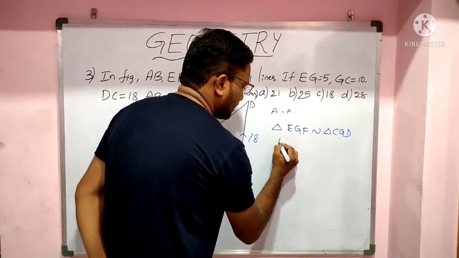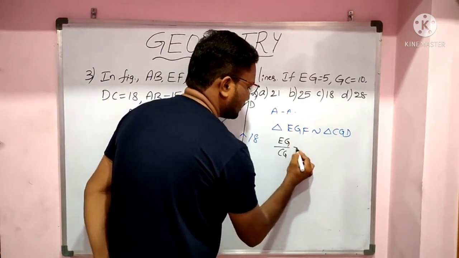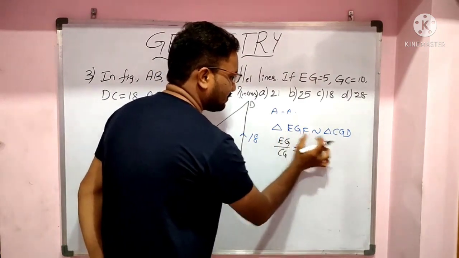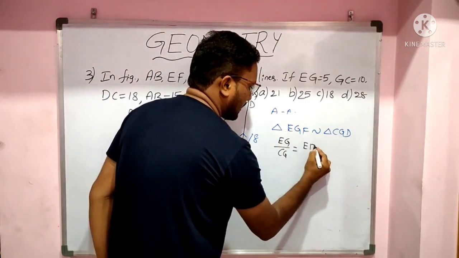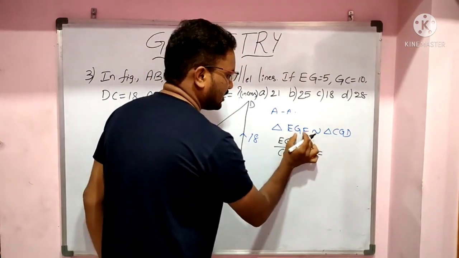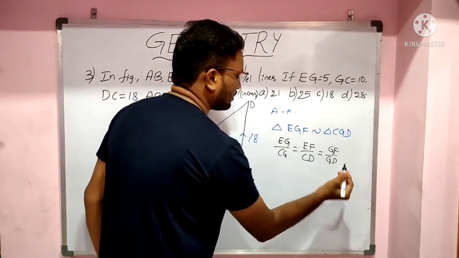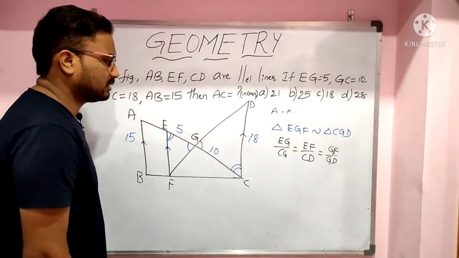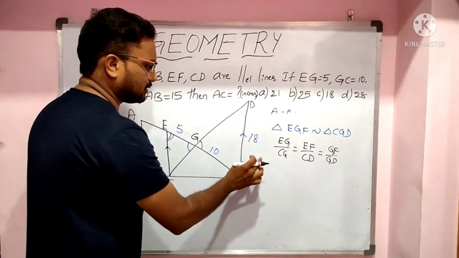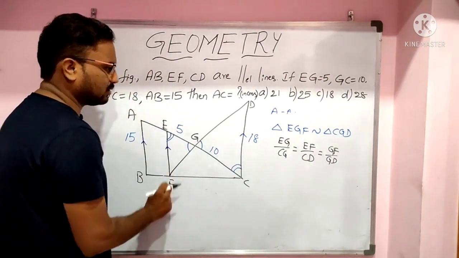Then we have EG by CG is equal to EF by CD is equal to GF by GD. Here we have CD, and we don't know EF.